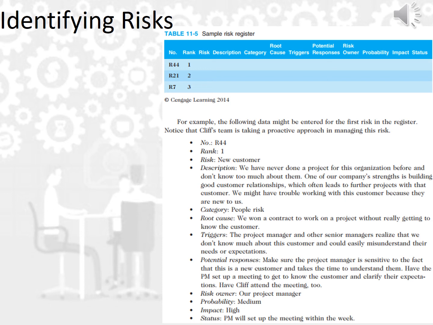The category for that risk is people risk, since they want to establish a relationship and communicate with the employees or people in the other company. That can be considered a people risk category. Root cause: we went into a contract to work on a project without really getting to know the customer.